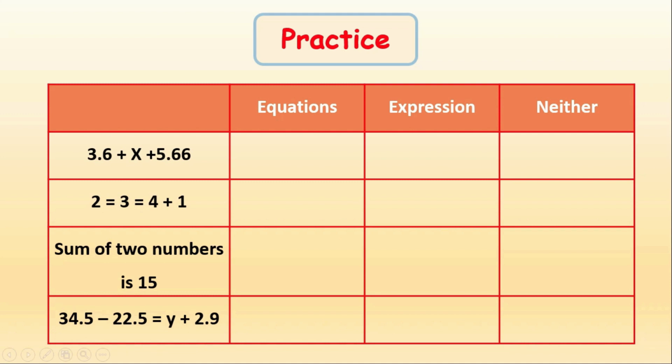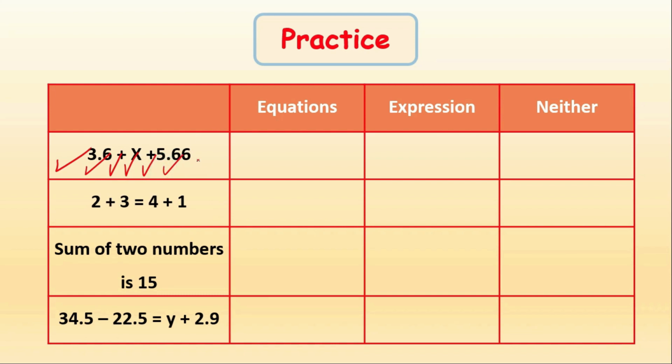Now let's practice. Here we have expressions, equations, and neither expression nor equation, and we want to find which one is an equation or expression. The first one, 3.6 plus x plus 5.66. Ask yourself: here we have a number, operation, symbol, operation, number.